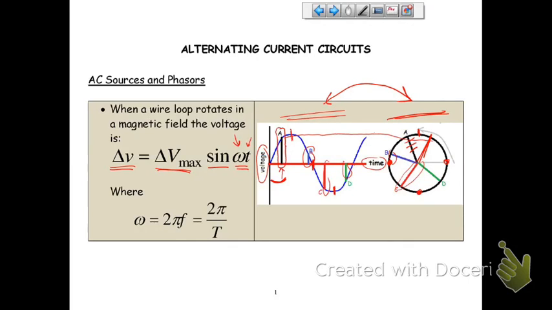And I know that omega is equal to 2 pi f, so I can talk about this in terms of, rather than sine omega t, I could have sine 2 pi f t. In fact, that's the way that it was introduced to me. It was 2 pi f t, and then we learned that 2 pi f equals omega. And because f equals 1 over T, omega is equal to 2 pi over the period.